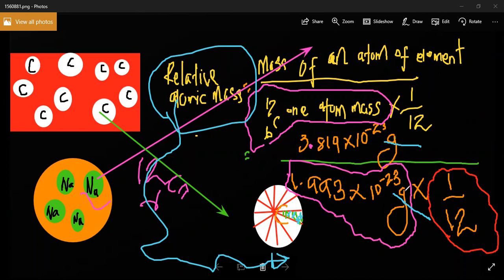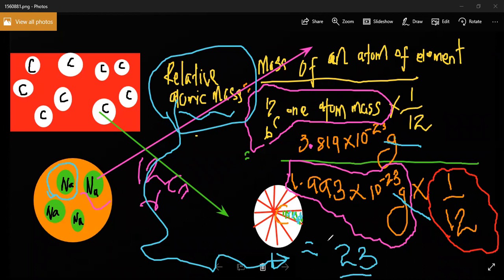Now if you have found this ratio, that would be the relative atomic mass of, who is that? Sodium. The relative atomic mass of sodium, and this value would be almost 23.